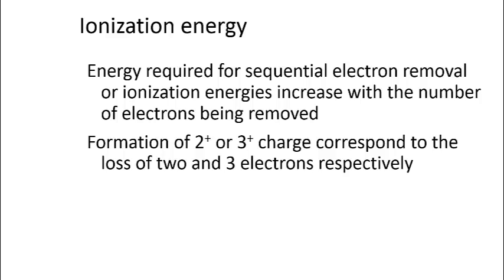There will always be an increase in the effective nuclear charge when you remove an electron, just simply because now you've got more protons than electrons. And the attractive force between the nucleus and the electrons will be greater.